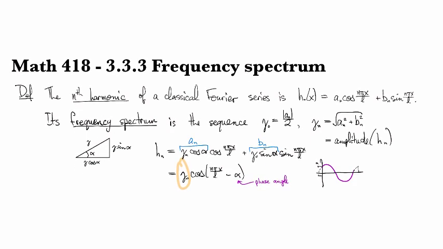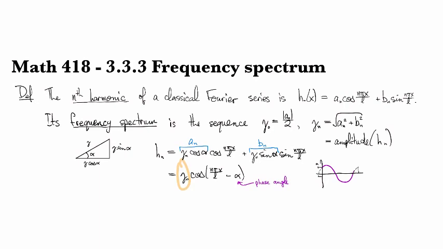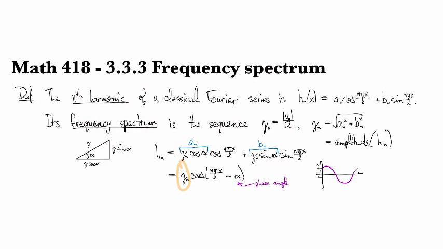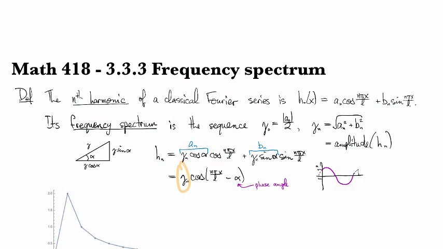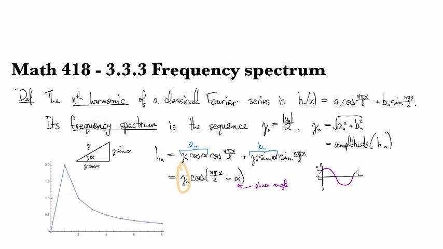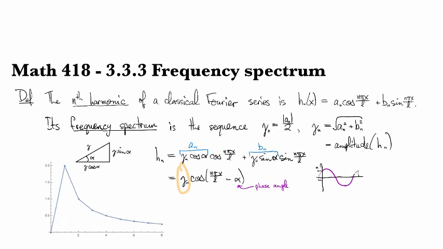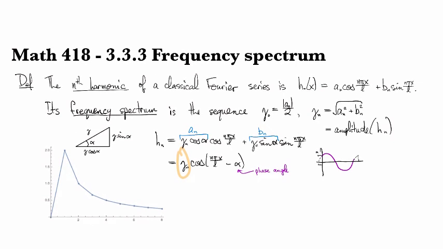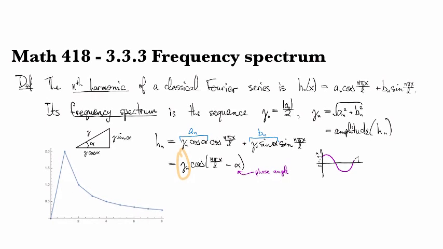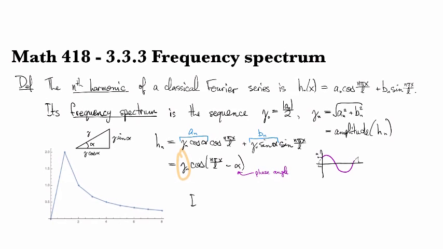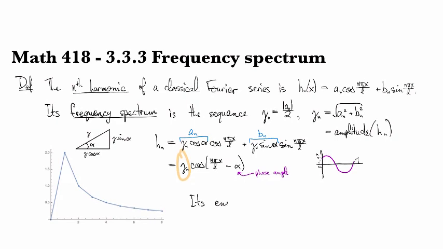Anyways, so it's common to plot the frequency spectrum, so you can take a look at it and see where the big contributions are, what terms are really contributing, or what frequencies are really contributing to your signal.